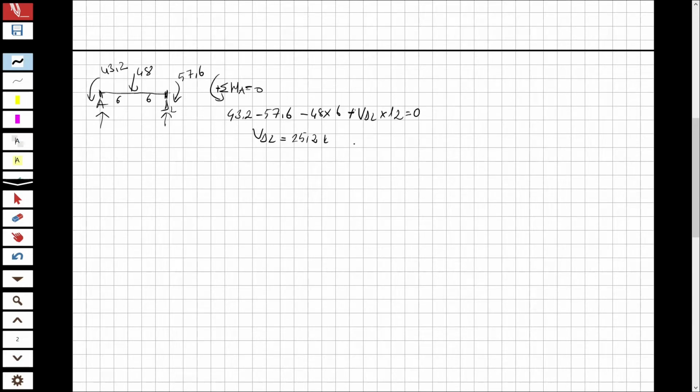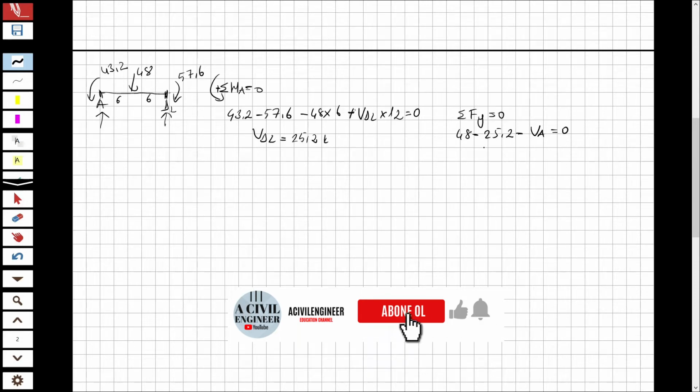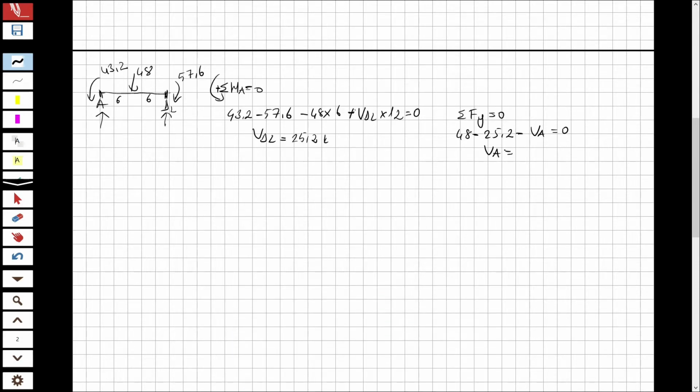And when I take the equation total Fy equal to 0, 48 minus 25.2 minus VA is equal to 0, so VA is equal to 22.8.